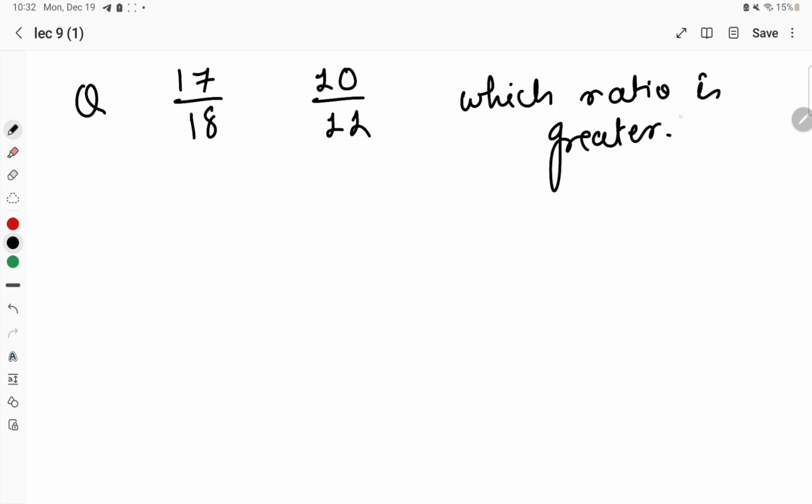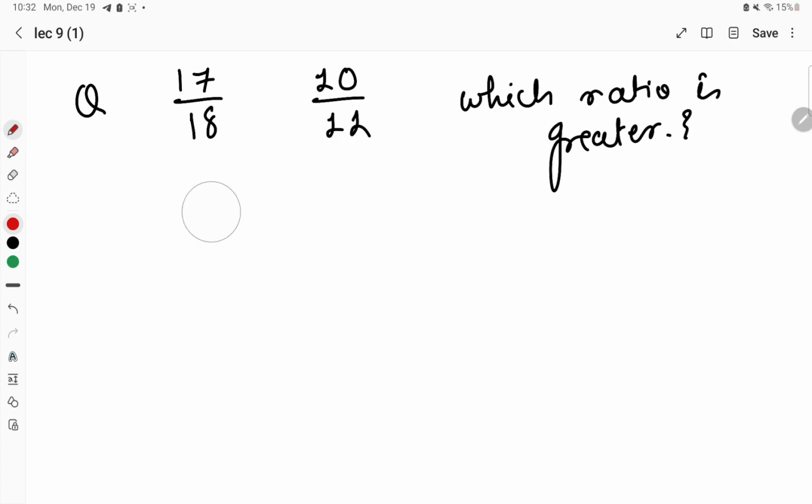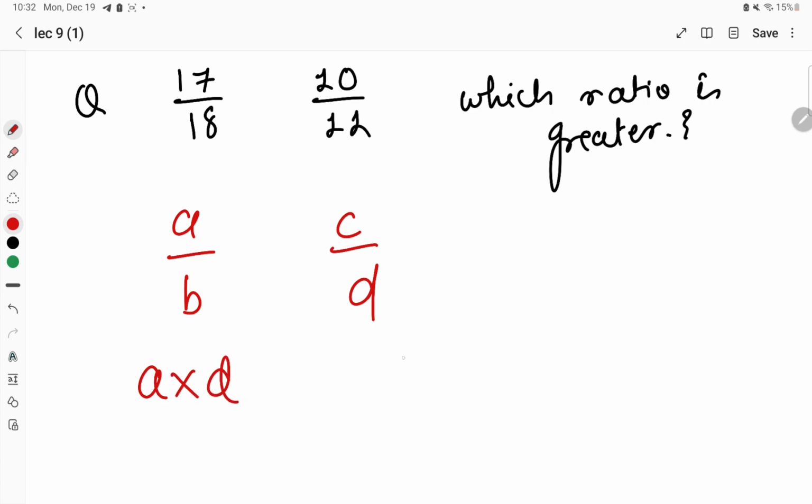For this, in the tips and tricks, I shared one thing with you: when two ratios are given and they are said to be in proportion, then A into D is equal to B into C. Here, they have not given such a thing, they have just given the question. So what we can simply do is take the cross multiplication.